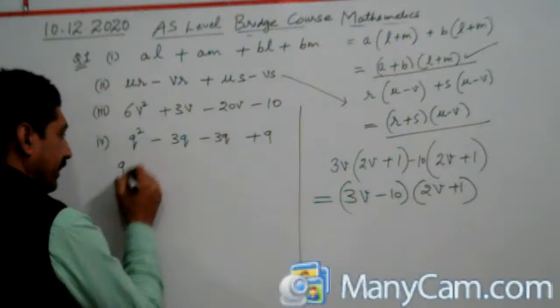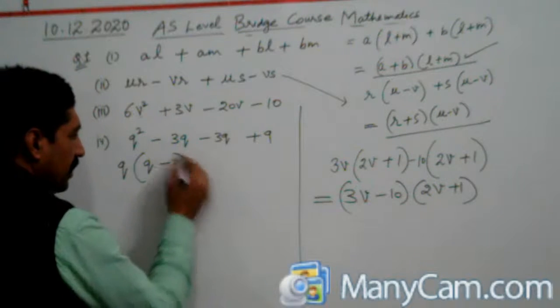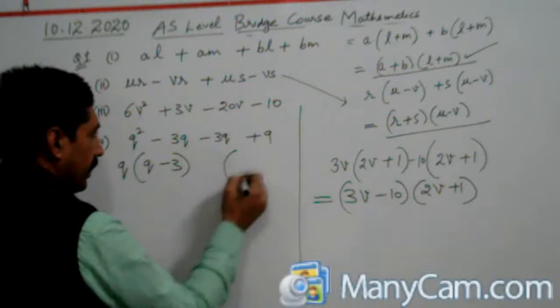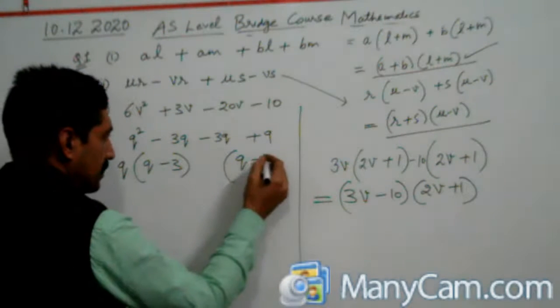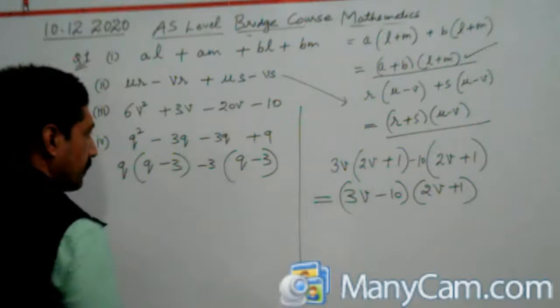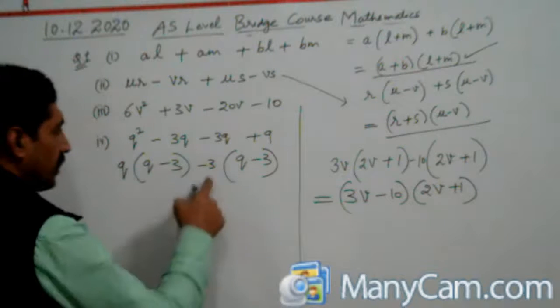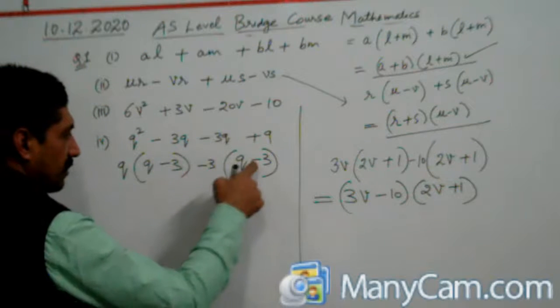Here also same. We can take q outside, q into q minus 3, right? And here again q minus 3. So here we have to take minus of 3 outside, minus minus will get plus.